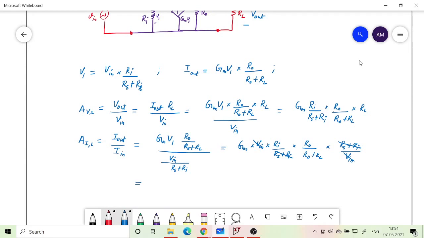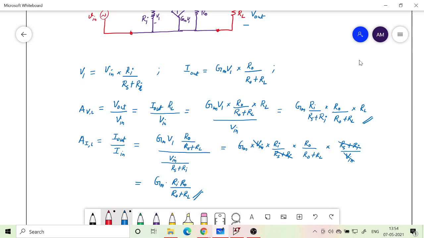So what will it be? Gm into Ri R0 divided by R0 plus RL. That's it. So is it difficult? Again, you can do the dimensional analysis.